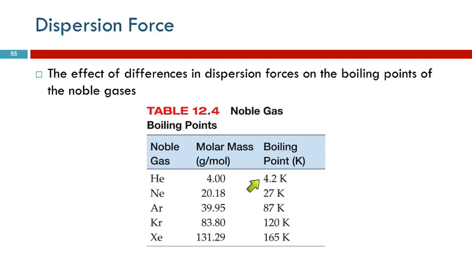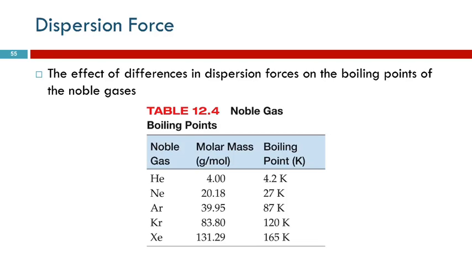I mean, you almost just look at them and they break free. Takes 4.2 Kelvin, that is just above absolute zero. That's crazy, crazy cold. But as we go here, we need to get to higher and higher temperatures, more and more thermal energy. The person has to run faster to break through the line because the line is stronger.